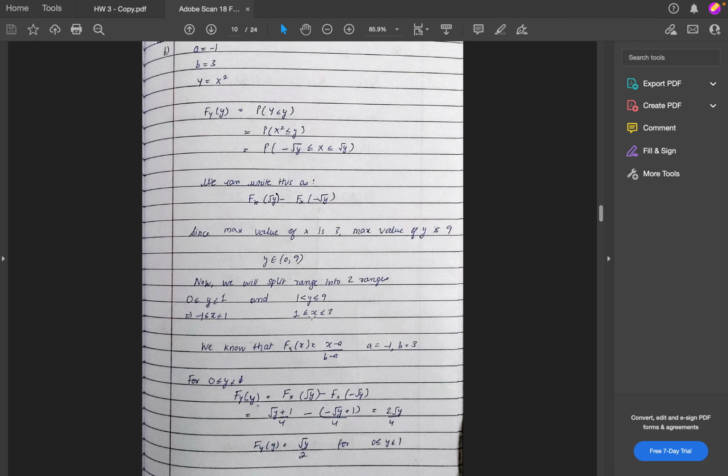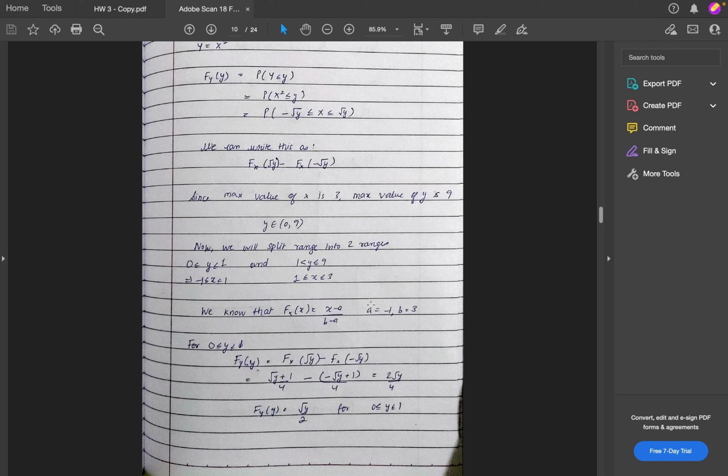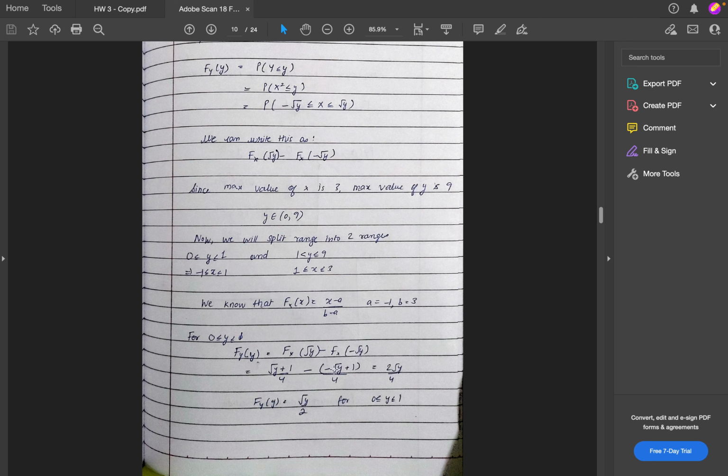This is what we calculated in part A, and so for root y it will be root y minus of minus 1, because a is minus 1, upon 4, which is b minus a. And similarly for minus root y we can compute this, and the value that we get in this interval for the CDF is root y by 2.